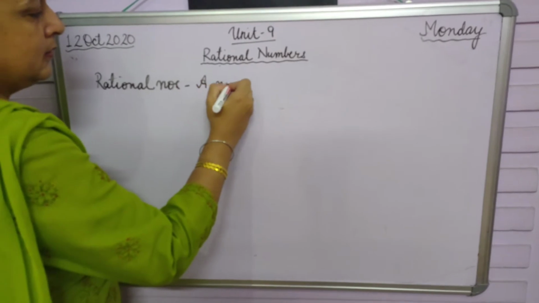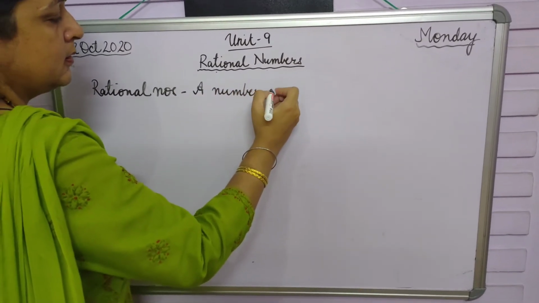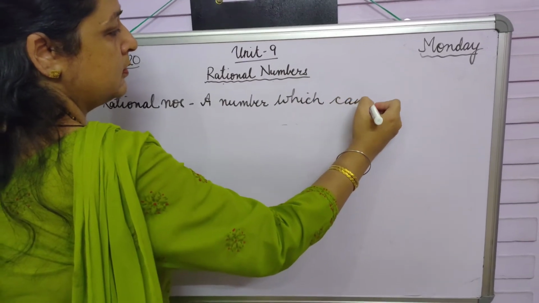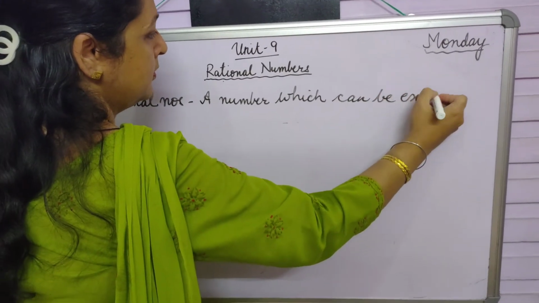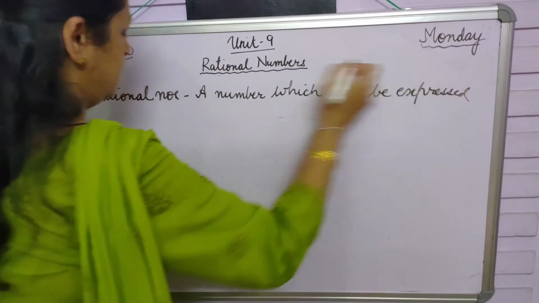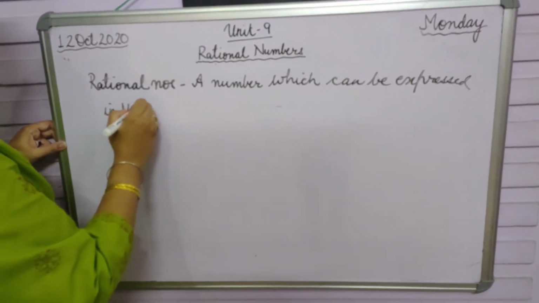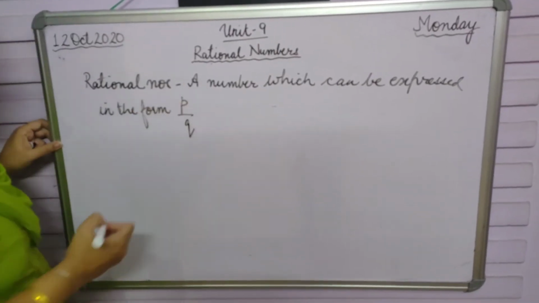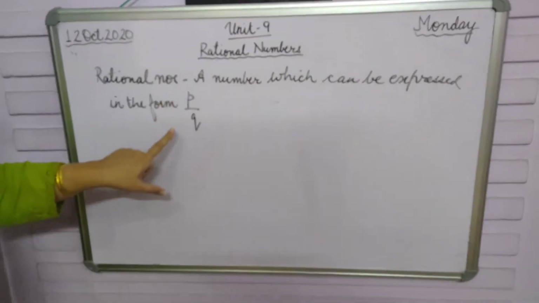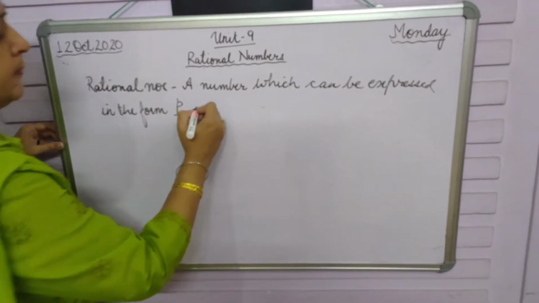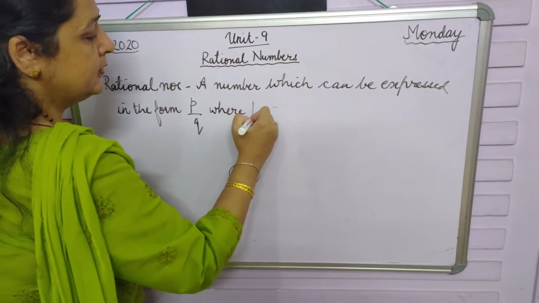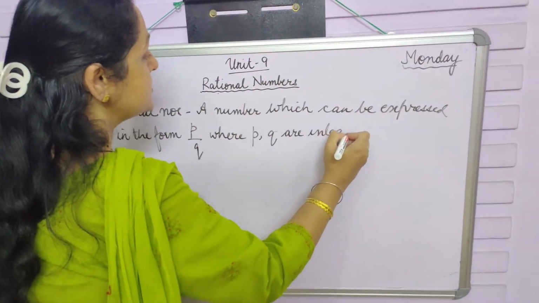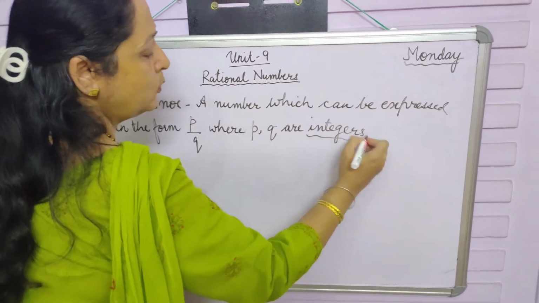A number which can be expressed in the form P upon Q, just like a fraction. A number which can be expressed in the form P by Q, where P and Q are integers. Now this is the important thing to understand.